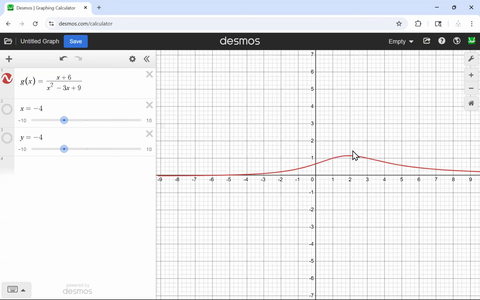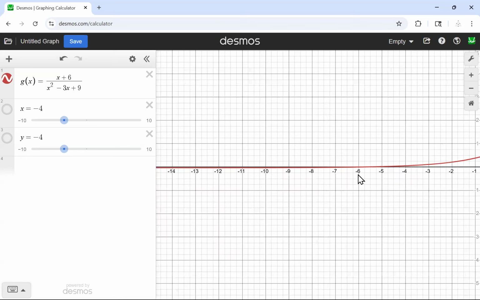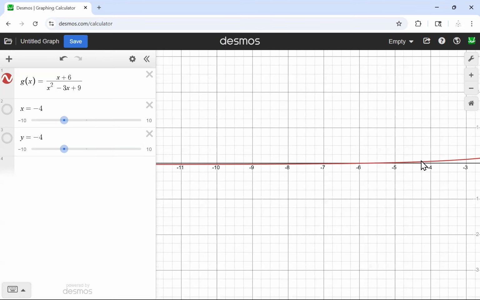And we cross the x-axis at (-6, 0). If you zoom in, you kind of see what's happening. We actually go from above the x-axis, then we hit at (-6, 0), and then we're below the x-axis.